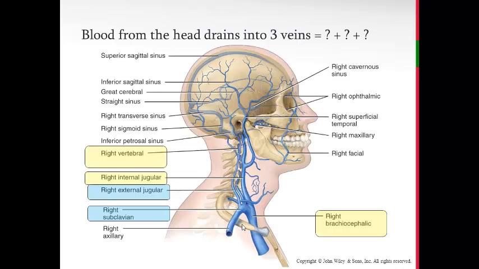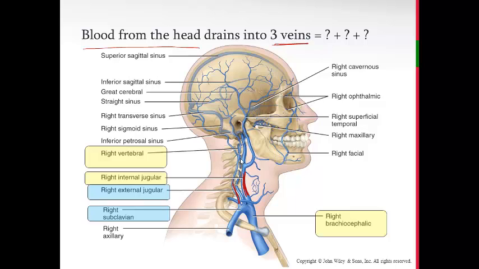So if you take a look over here, our blood from the head will drain eventually into three veins. One of them is the internal jugular, and we're only looking at the right one, yeah? But of course, the left one is symmetrical. And you have the external jugular.